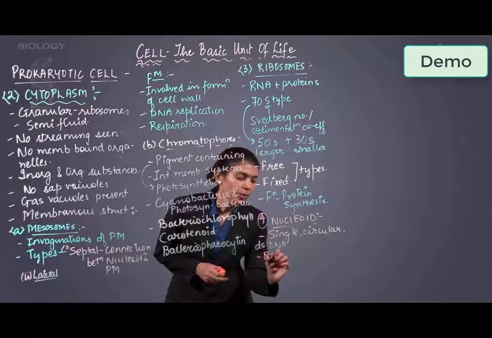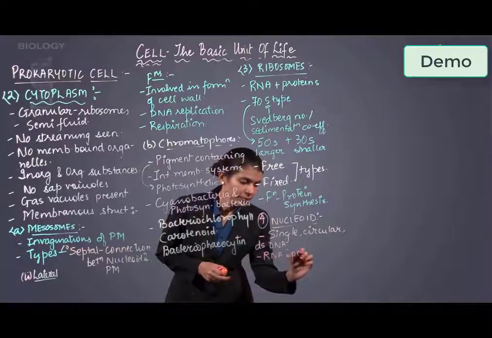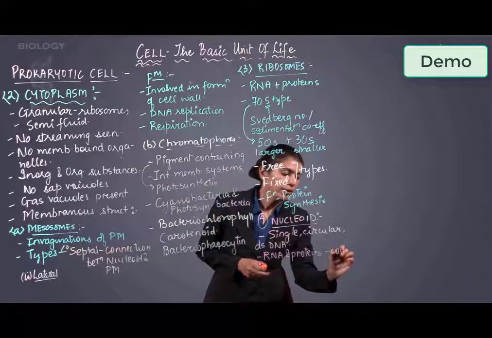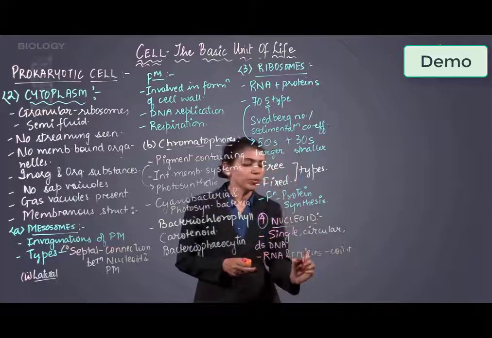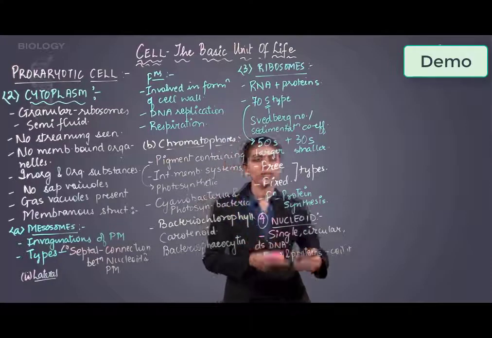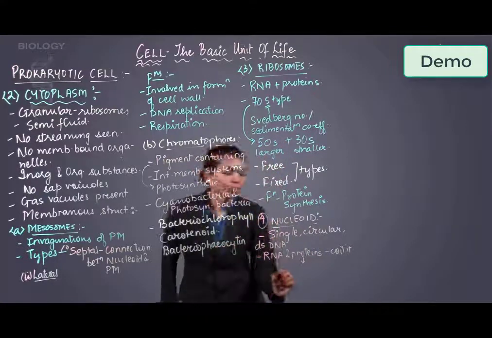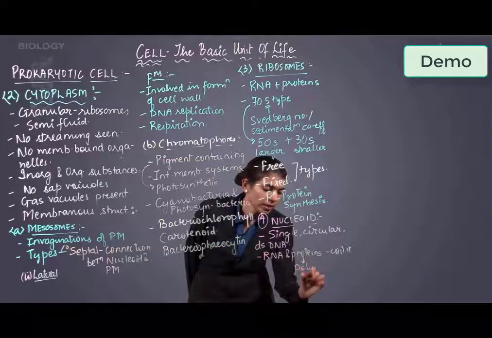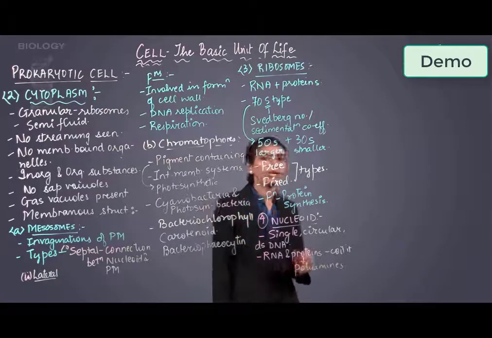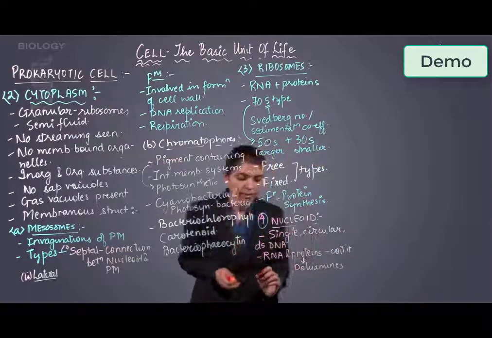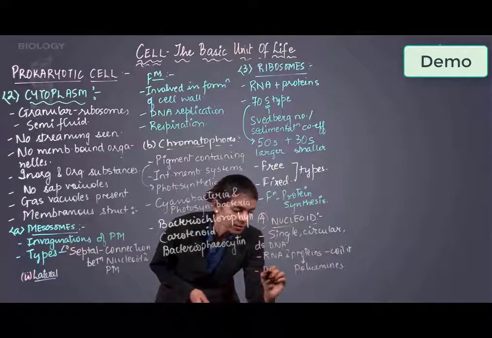So RNA and proteins coil this DNA. The type of proteins associated with the DNA here are the polyamines. There are no histones present in a prokaryotic cell. So polyamines are the type of proteins. And because there is no histone present here, the DNA is called naked. So the DNA is naked.